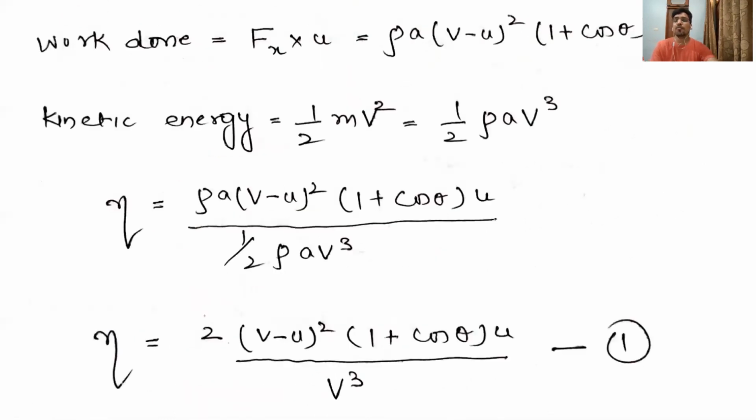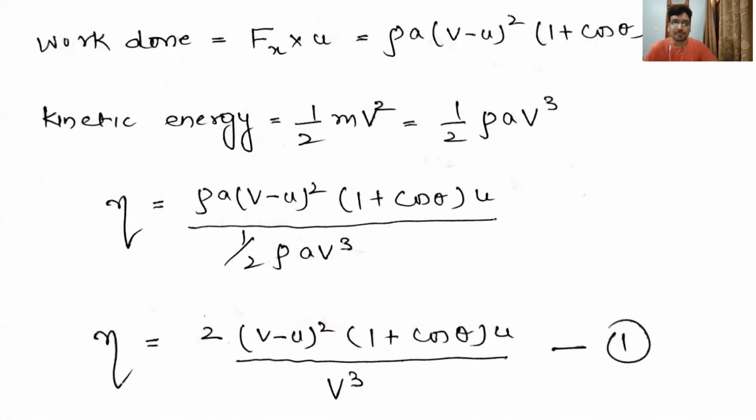Next is the work done in case of a vane that is symmetrical in nature, and the jet is striking at the center and the vane is moving. I have already told you that the force exerted in x direction will create work only. So the work done in this case is Fx into U, and the value of Fx is rho a V minus U whole square 1 plus cos theta into U. Now, what will be the amount of kinetic energy that is striking the curved vane?